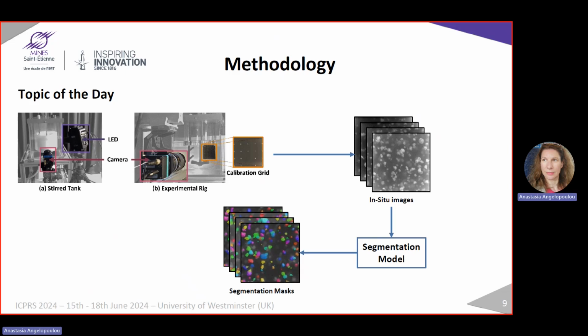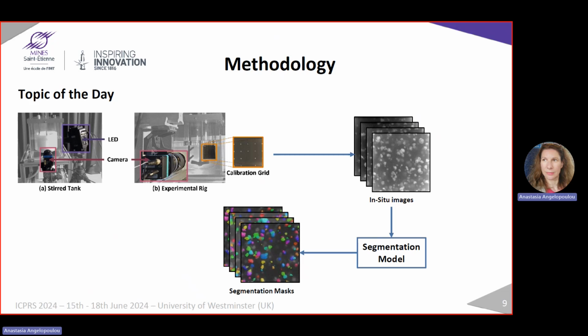We have a spherical tank, we have an LED, which is a lighting source, and we have a calibration grid, so we can know what we're measuring. We are capturing some in situ images. Then we need a segmentation model to compute as many segmentation masks as possible, and we want those masks to be as accurate as possible, so the measurements that we do are very accurate.